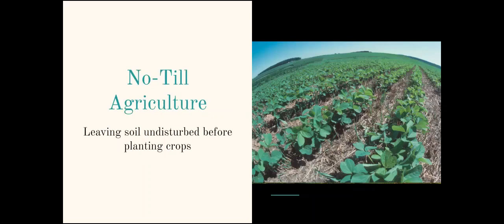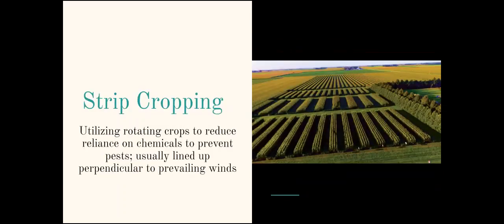Since we mentioned tilling, another option is no-till agriculture, where the farmers just decide to not break up their soil, so it leaves the soil undisturbed for planting crops. Additionally, there's also strip cropping, which is important because they rotate different types of crops so that they don't have to rely on using pesticides to kill insects, which leaves the soil healthier.